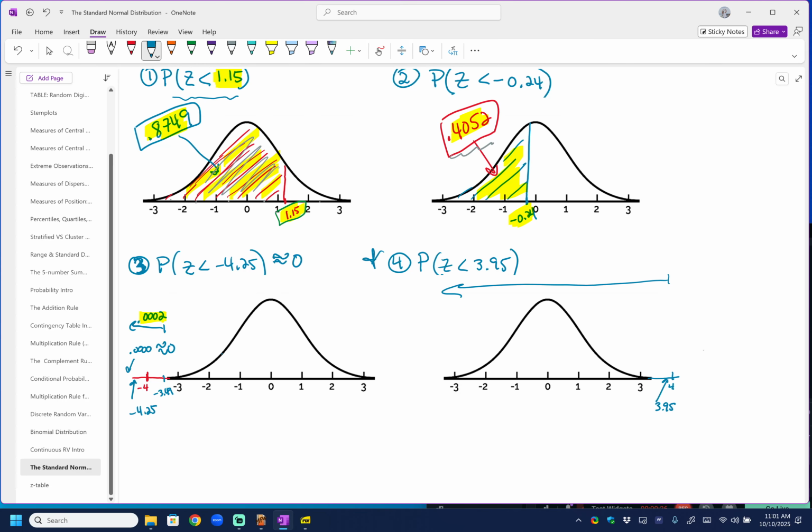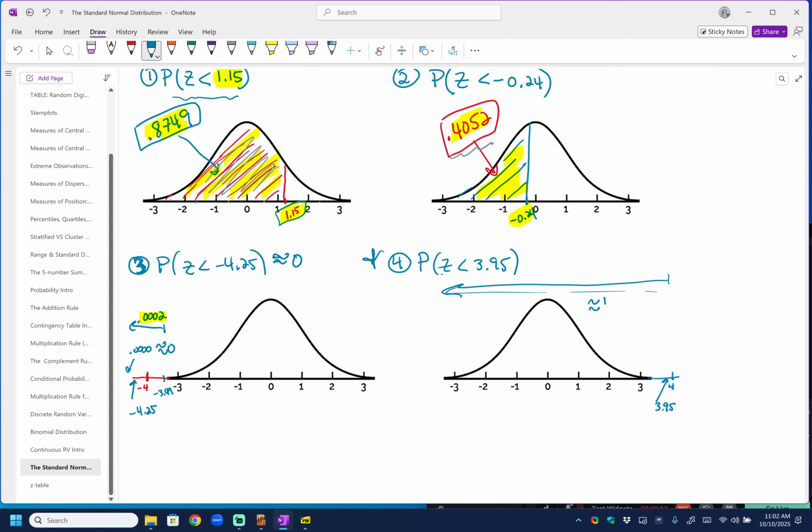Underneath this curve right here, there's just no area. So if there's approximately 0 area over there, then how much area has to be below it? Well, basically the entire curve. So we would say that this area is going to be approximately 1.